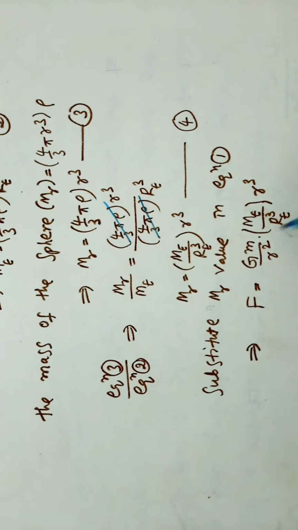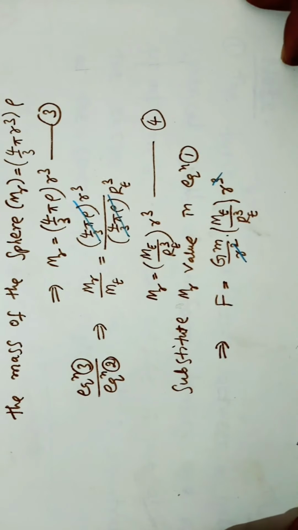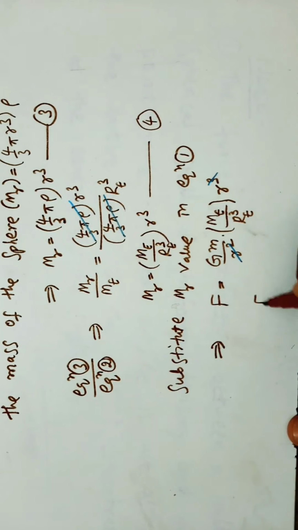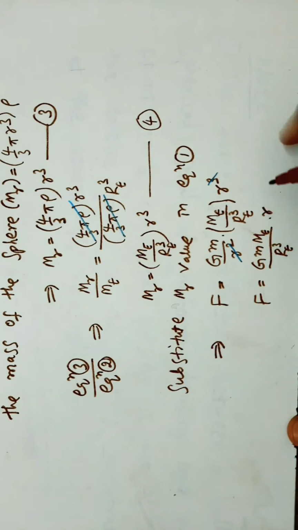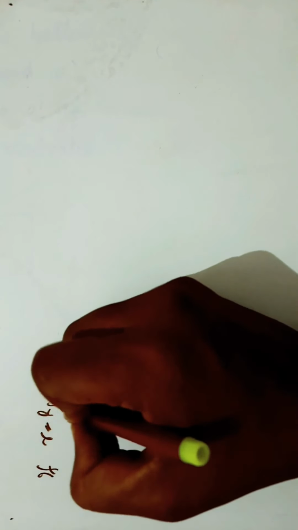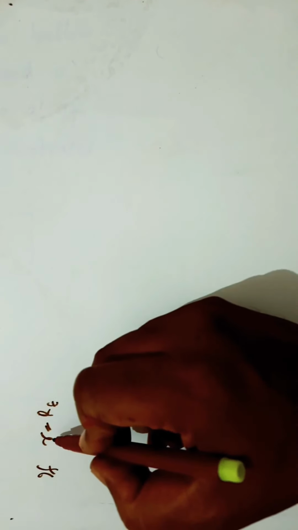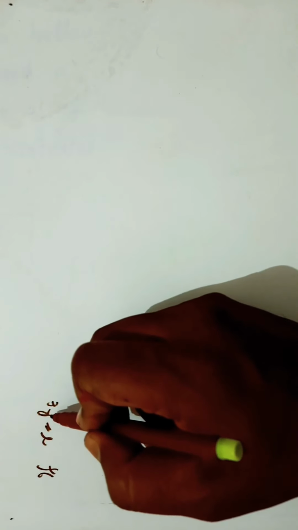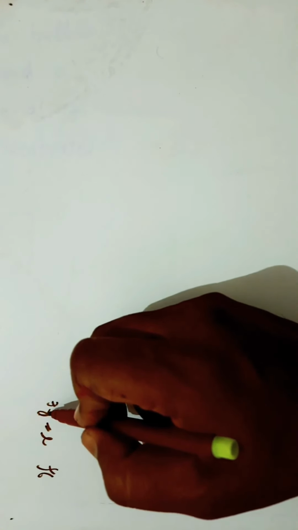Here r square cancels. So the remaining terms: force is equal to G small m capital ME by RE cube into r.